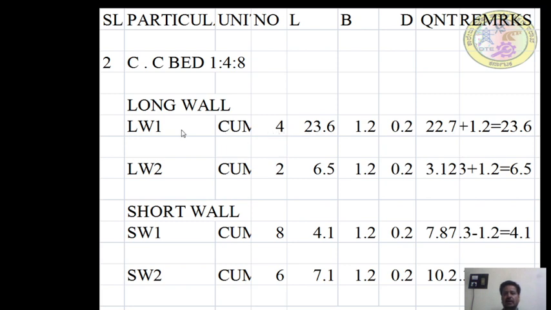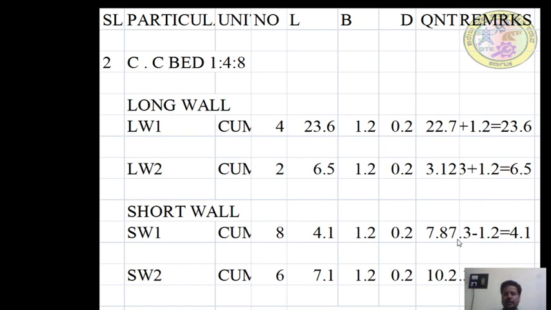Then LW1, 4 numbers, 23.6. The 23.6 comes from the remark: long wall equals center line plus breadth of the footing. So 23.6, breadth 1.2, depth 0.3.